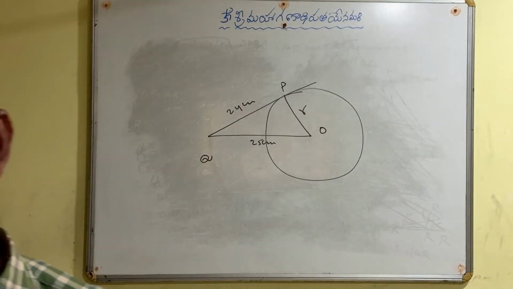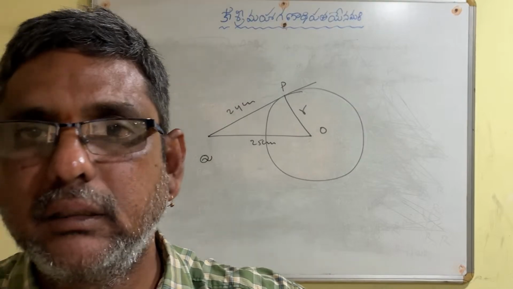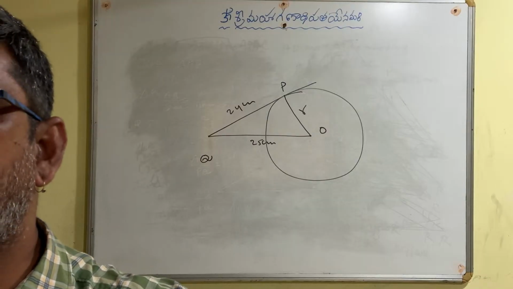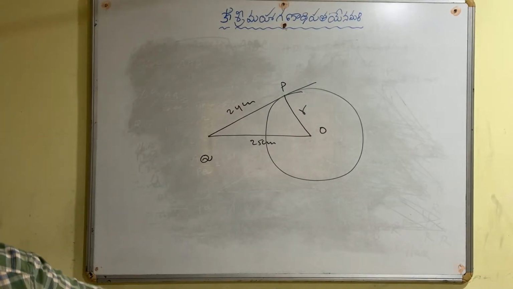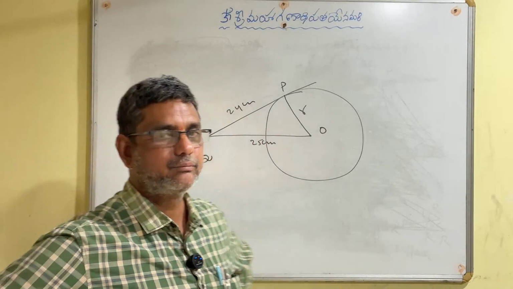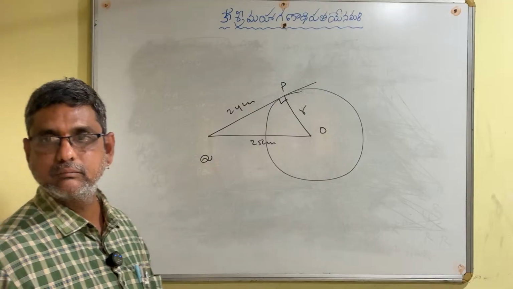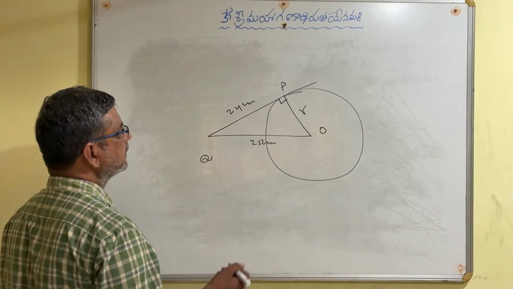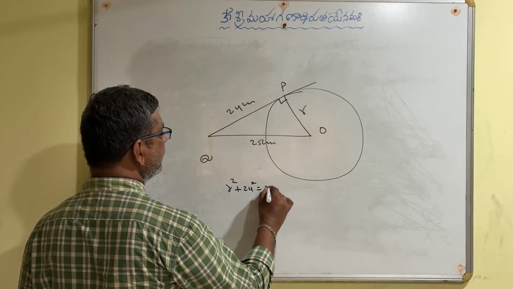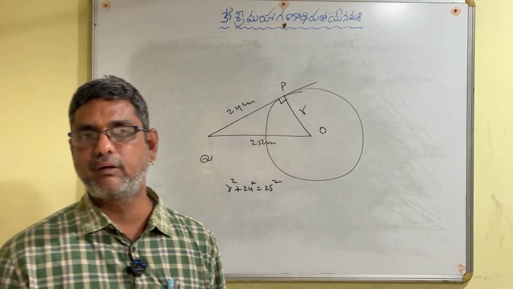Using Pythagoras theorem. OP is the radius, QP is the tangent at P. We need to find the radius. By Pythagoras theorem, R square plus 24 square is equal to 25 square.